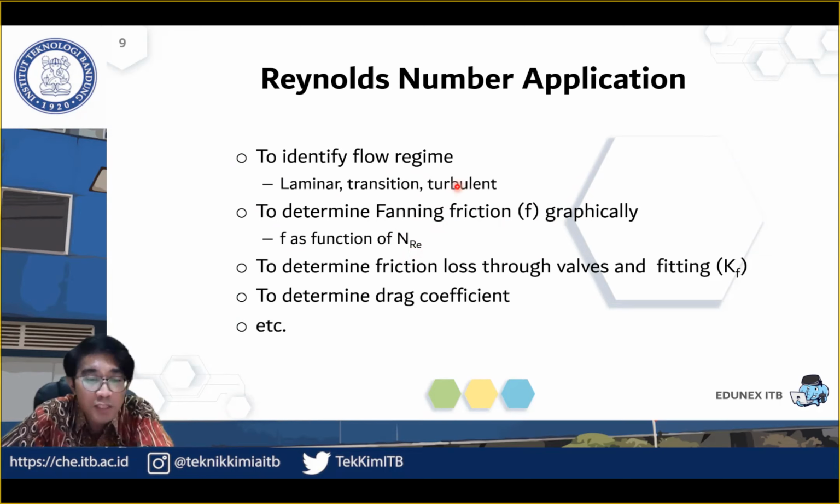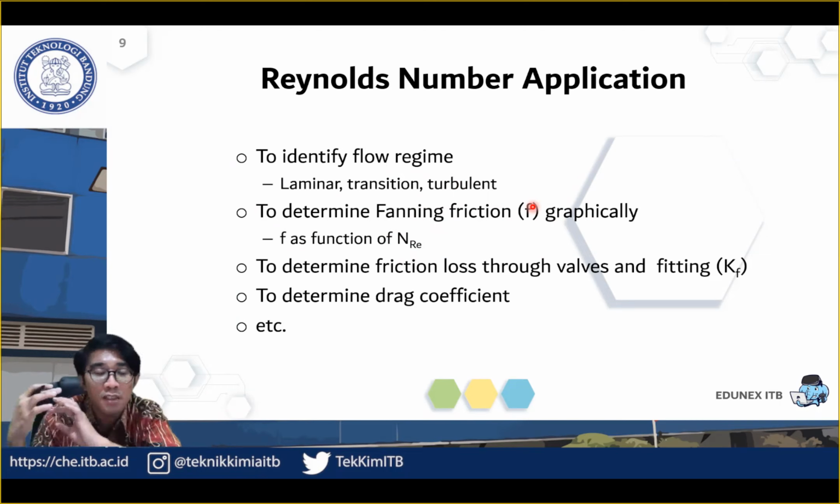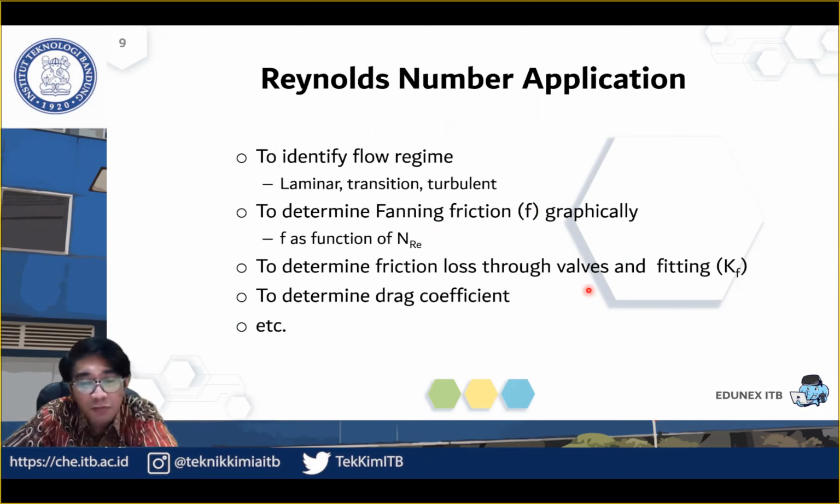Friction not only comes from, you can imagine, the layers of the liquid, and also from the pipe wall to the liquid, for example. But friction also comes from the fitting. Fitting, I think in the first week of the class, we have discussed, is basically pipe accessories.